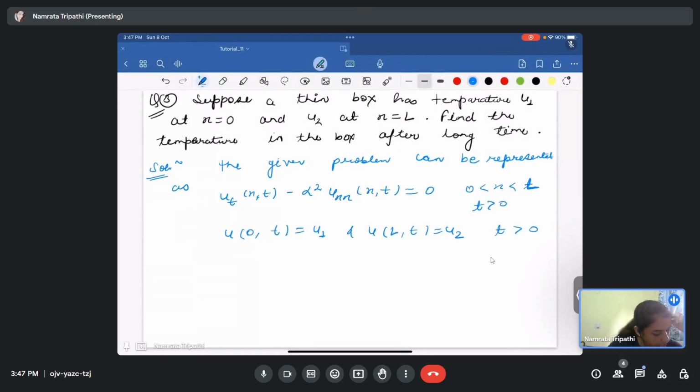So can you see it is not a homogeneous boundary condition, because at the boundary there is u1 and u2. So in order to solve this type of boundary value problem, firstly we will convert it to a homogeneous problem.